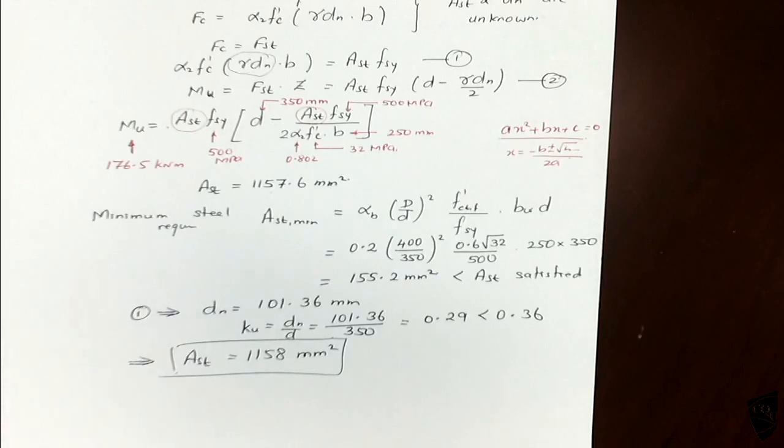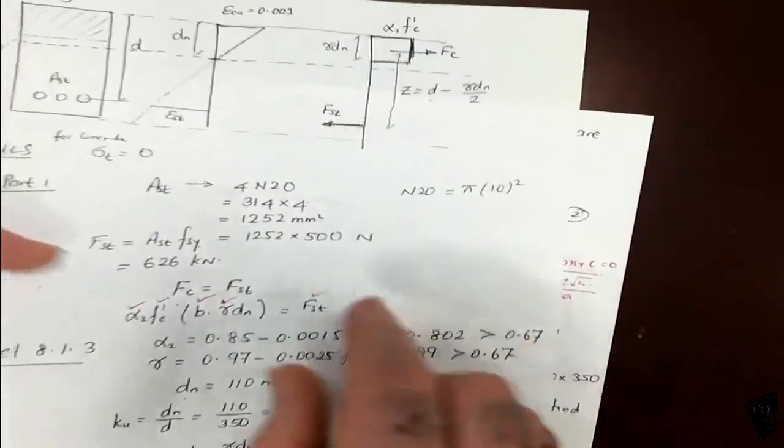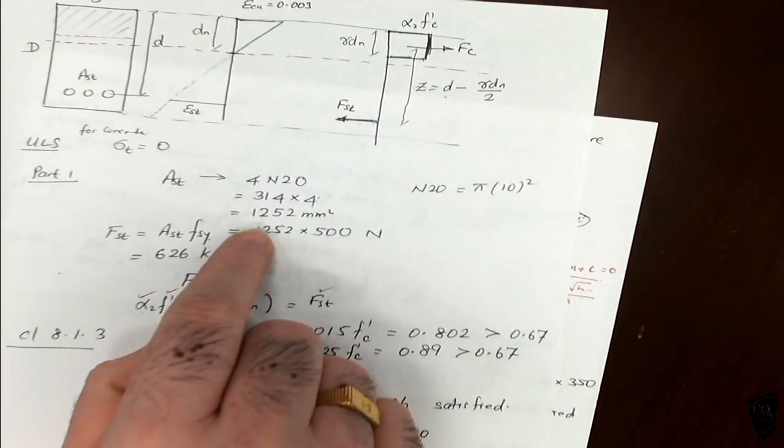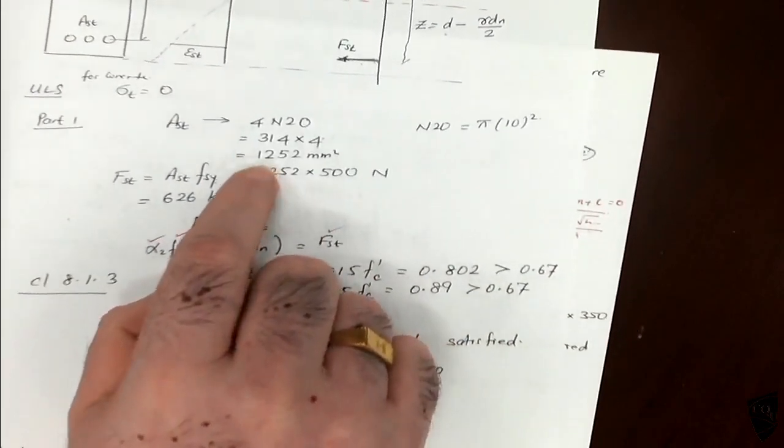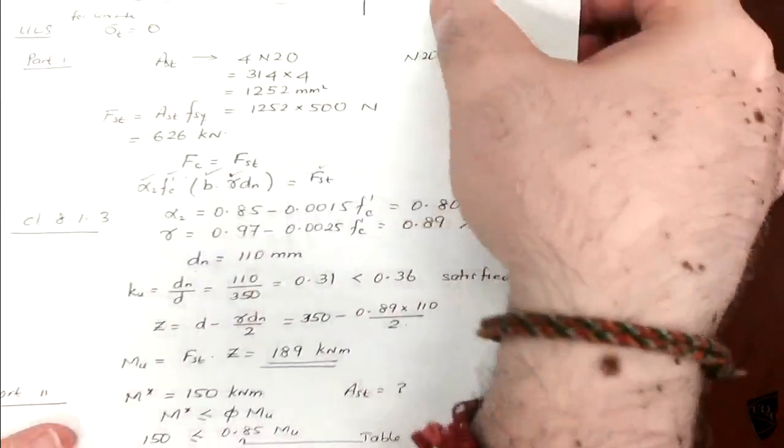When you have a singly reinforced section, you can see that in the first case, the AST is 1252, and we end up with 189 MU.